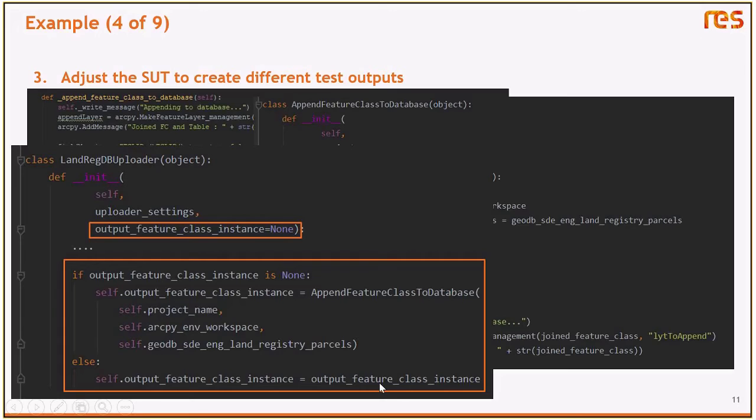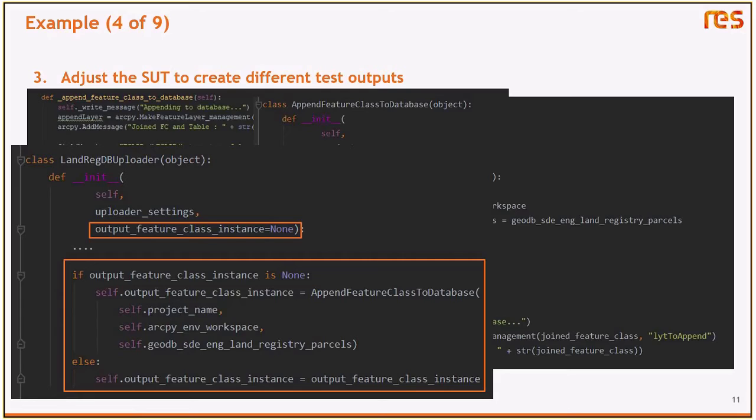But if it is provided, then we're going to save it into this output feature class instance member variable. And this is using a process that's called constructor injection. We'll come on to mention that a little bit later as well. If anyone does have any questions or any confusions, if you want me to give any more details, then please let me know.